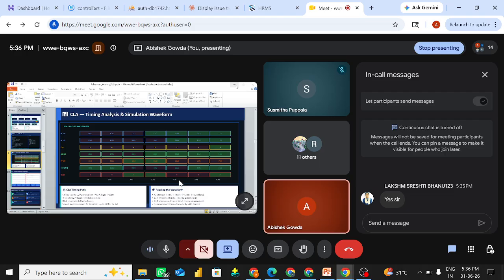So what happens in a carry look ahead adder? As we discussed, there is a generate signal and a propagate signal. What do the generate signal and the propagate signal do? The generate signal tells whether your inputs are going to generate a carry out.